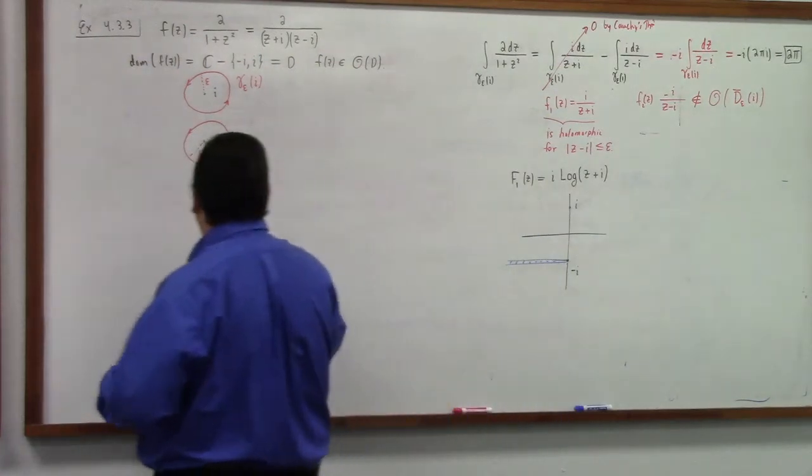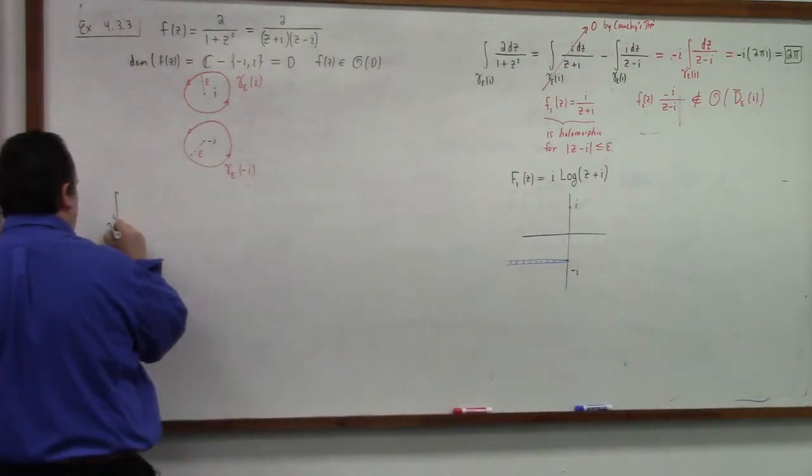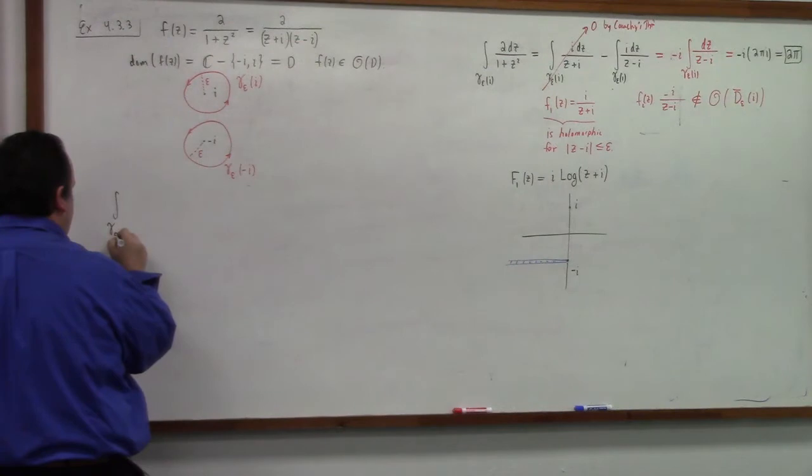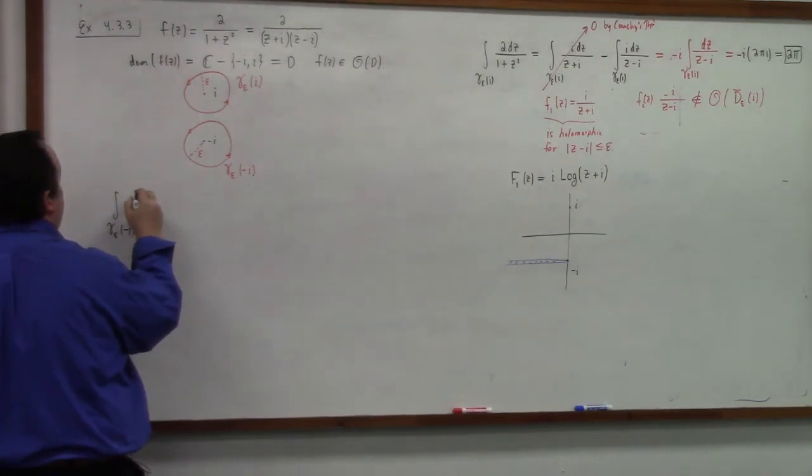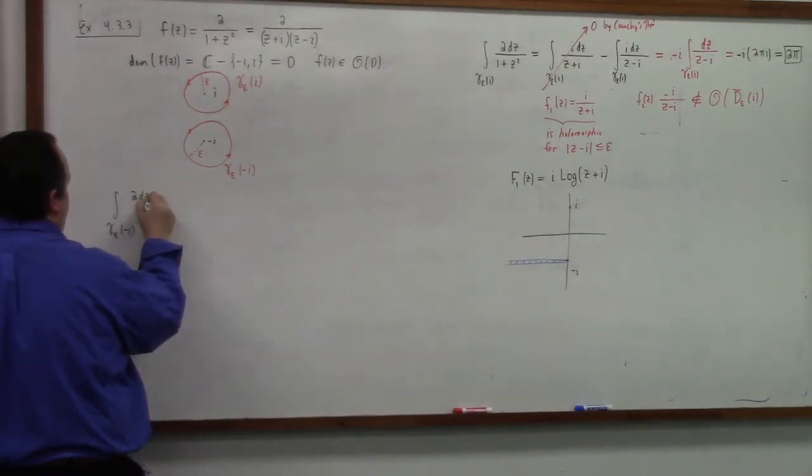So let's work it out. Integral over gamma epsilon minus i. This time let's look at the circle centered at minus i of f of z, 2 dz over 1 plus z squared, yeah?